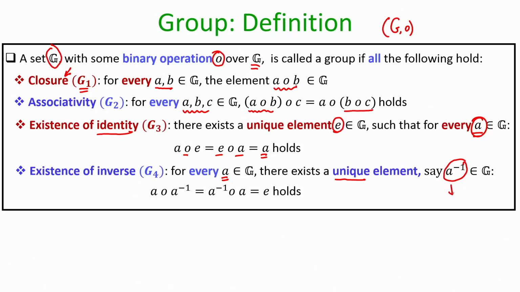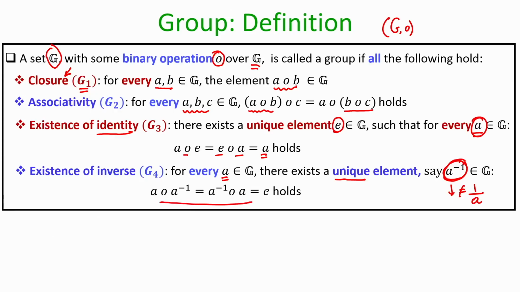I stress here that this a power minus 1 is just a notation. Okay. It does not mean that I am talking about 1 over a, no, that is not the case. This is just a representation, just a notation for a special element which I demand to be present in my group, such that this property holds.